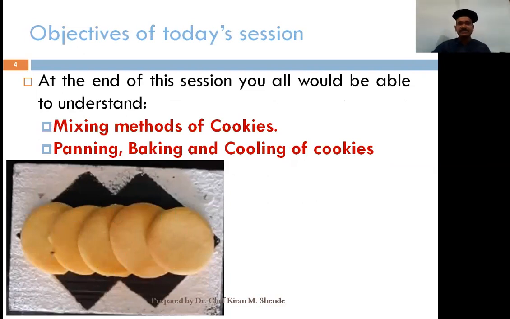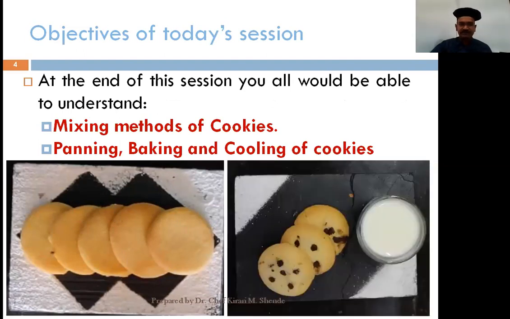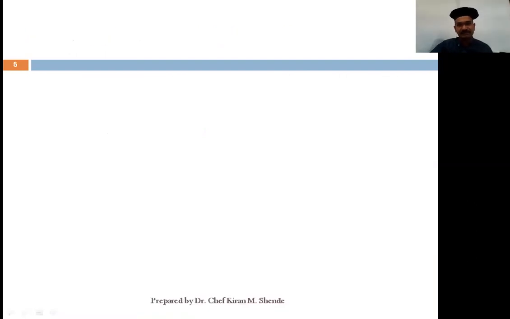Like cake mixing methods, there are cookie mixing methods also. Those who have missed my first session on cake making, kindly visit my YouTube channel. You'll find my first chapter on cake making so that you can have both the things together. We'll also understand in this chapter how panning, baking, and cooling of cookies happens.